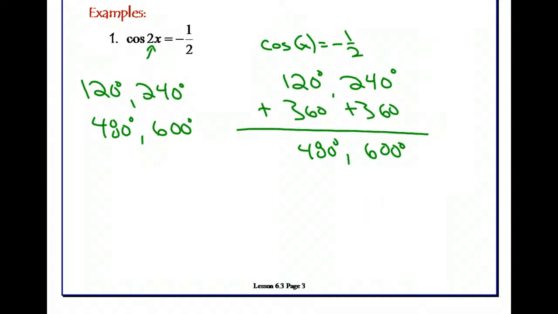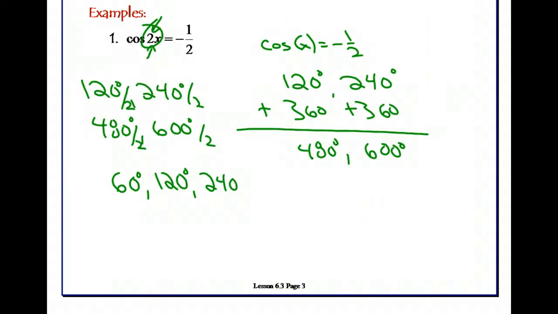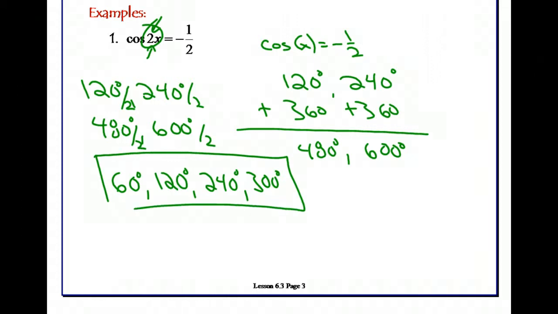Got those 4, and I realized, wait, this is occurring twice as frequently, so every single one of these gets divided by 2. And what are my final answers? 60 degrees, 120 degrees, 240 degrees, and 300 degrees.